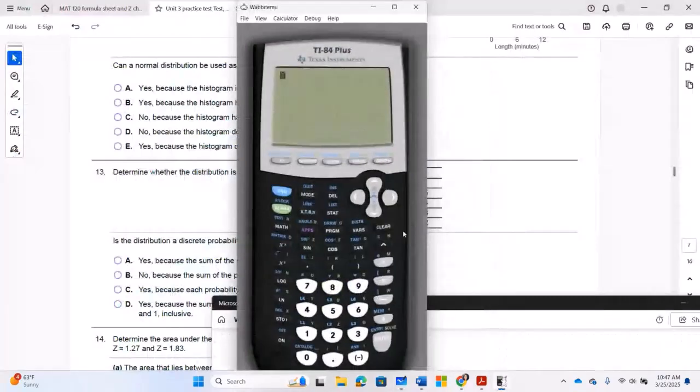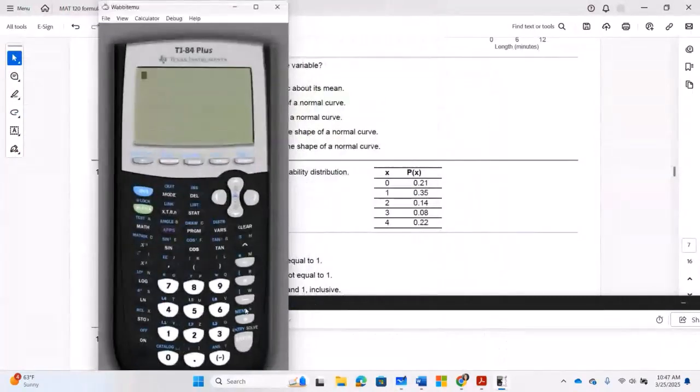So I'm going to clear, and I have 0.21 plus 0.35 plus 0.14 plus 0.08 plus 0.22.